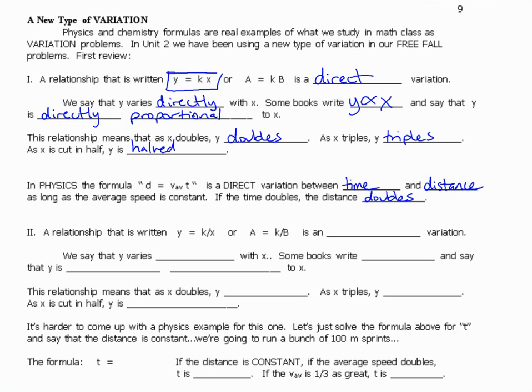The next type, a relationship that is written y equals k divided by x, or a equals k divided by b, is an inverse variation. We say that y varies inversely with x. Some books will write y alpha 1 over x and say that y is inversely proportional to x.